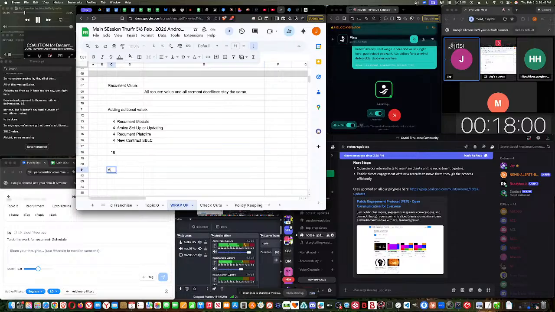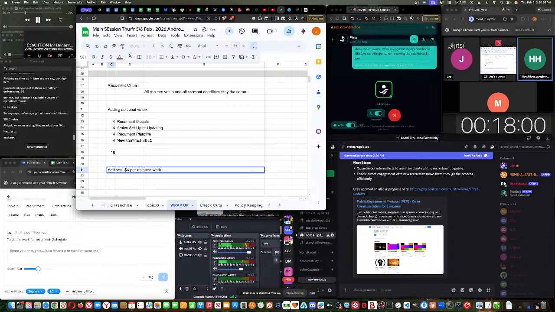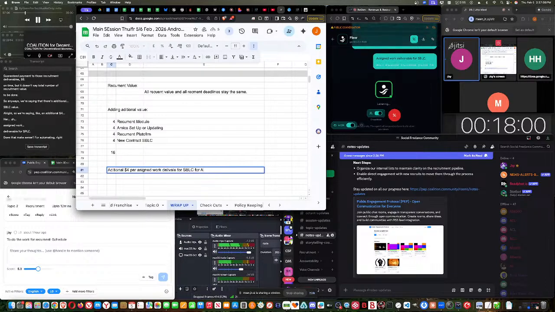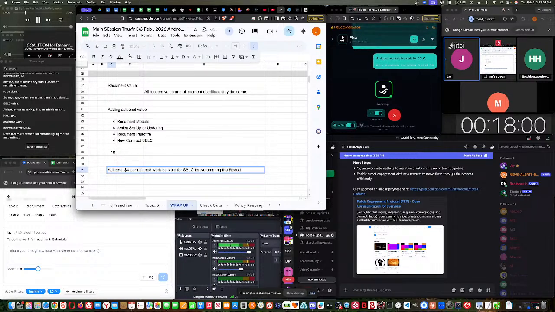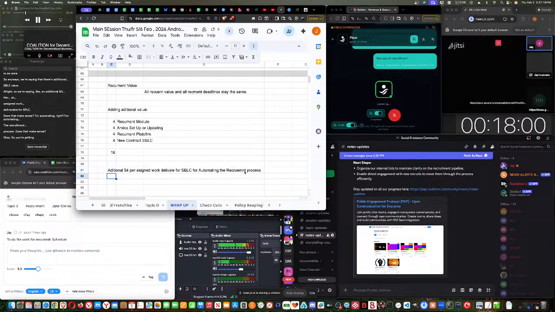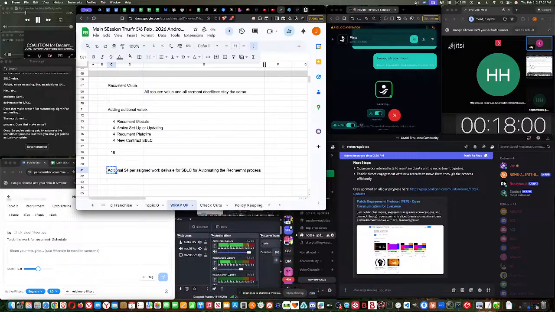So we're saying like an additional $4 per assigned work deliverable for assigned work, SBLC. Does that make sense? For automating, right? For automating the recruitment process. Does that make sense? Okay. So you're getting paid to automate the recruitment process, but then you also get paid to actually complete the recruitment process.